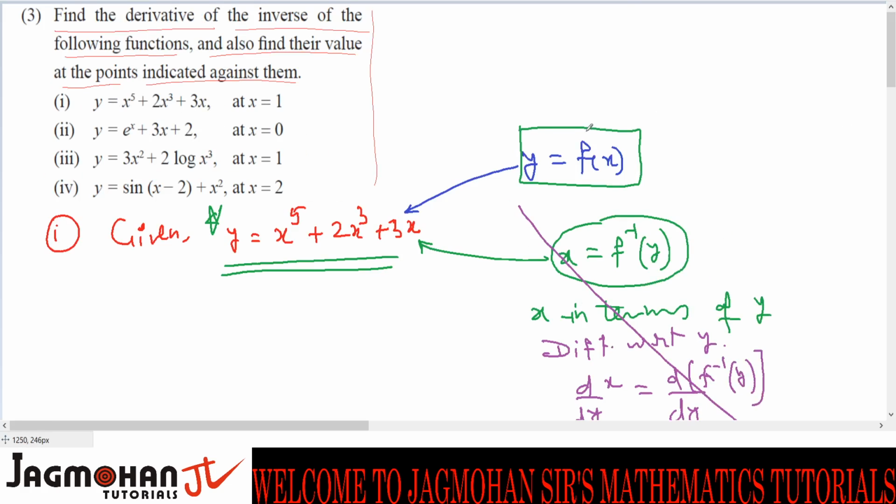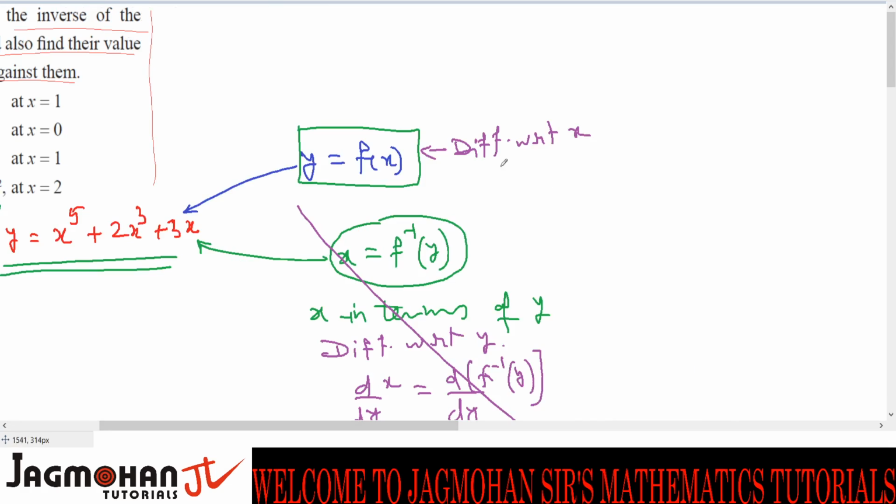The second method says, if y equals f of x is a given function and you want derivative of inverse of this function, then no need to find the inverse function. You find out derivative of the given function itself. So here I write, differentiating with respect to x, I will get d by dx of y equals d by dx of f of x, which I will solve.